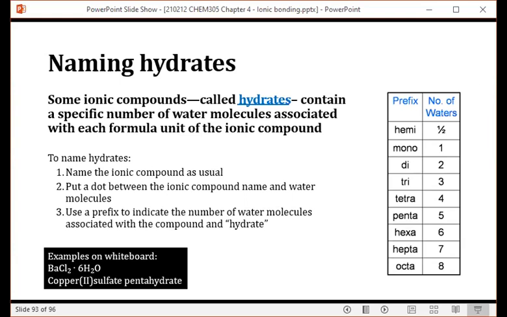So if your ionic compound has 2 water molecules associated with every formula unit of the ionic compound, you'd use the prefix di to mean 2. And so you'd end up with your ionic compound name, a dot, and then dihydrate.